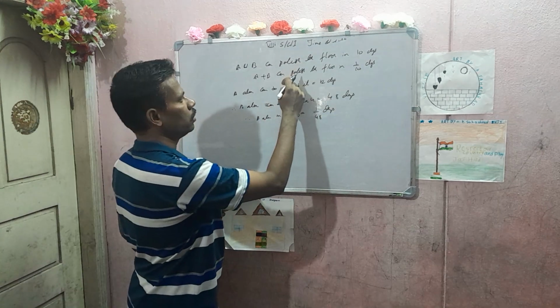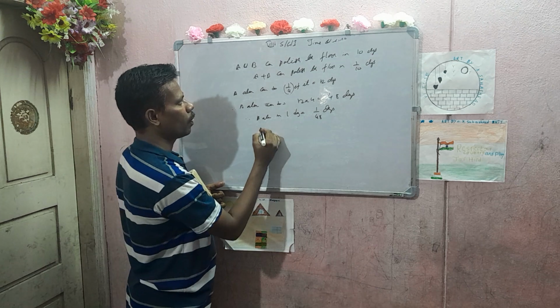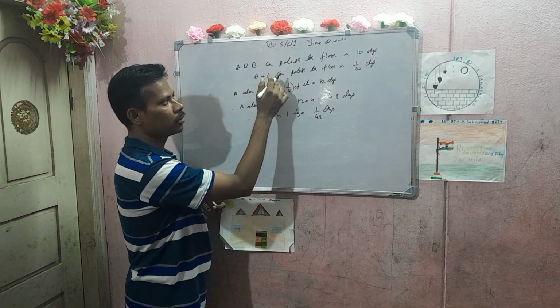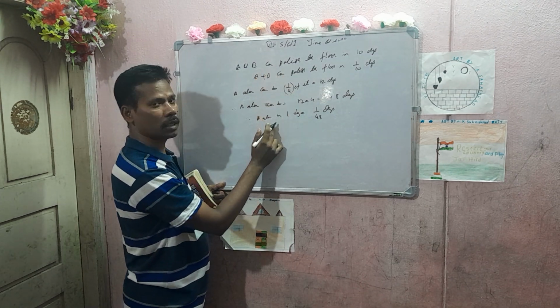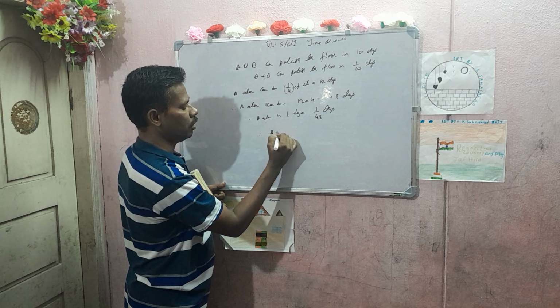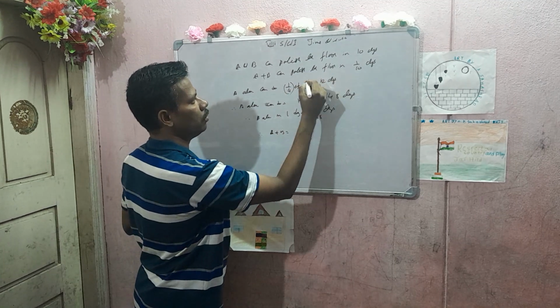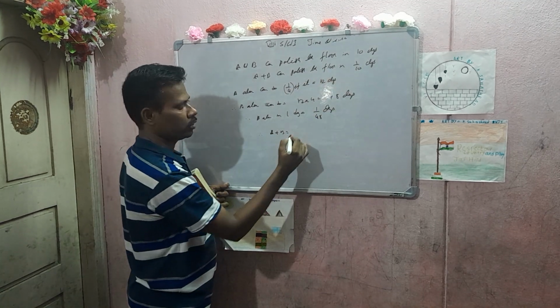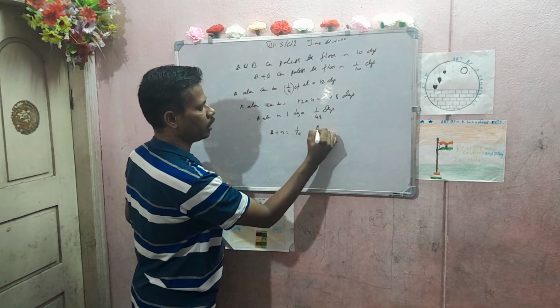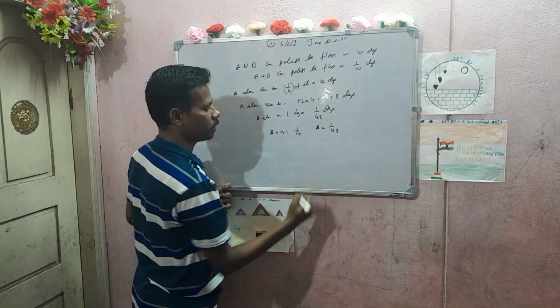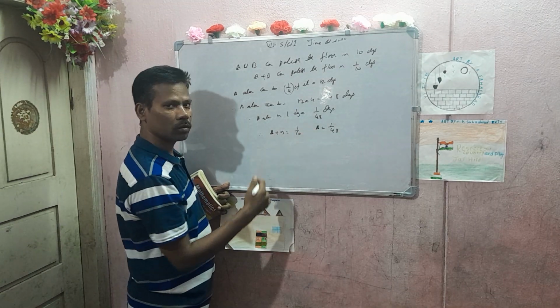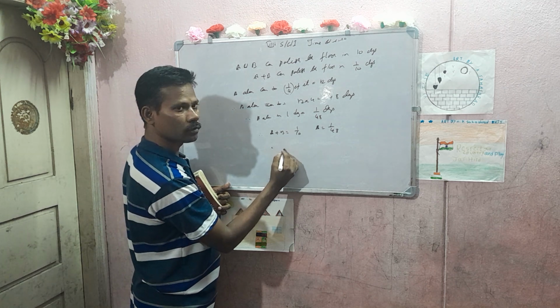Next, take the LCM of this. This is A and B, this is A alone. A plus B is equal to 1/10th and A is equal to 1/48. Now take the LCM.